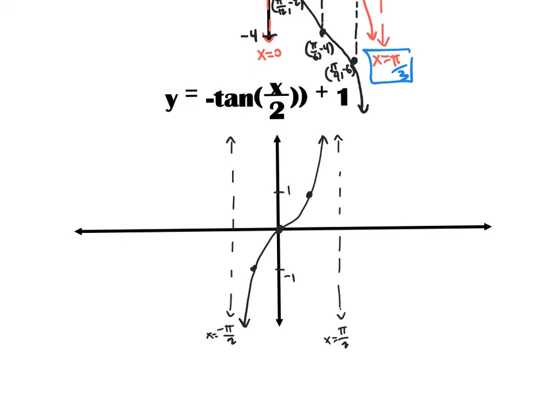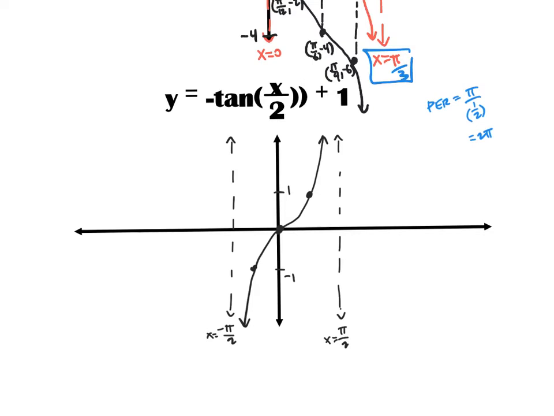Let's do the horizontal transformation first. My period is going to be pi over 1/2, so it's going to be 2 pi. We're also going to have a vertical reflection and a shift up 1 unit. So I am going to multiply my current period by 2.